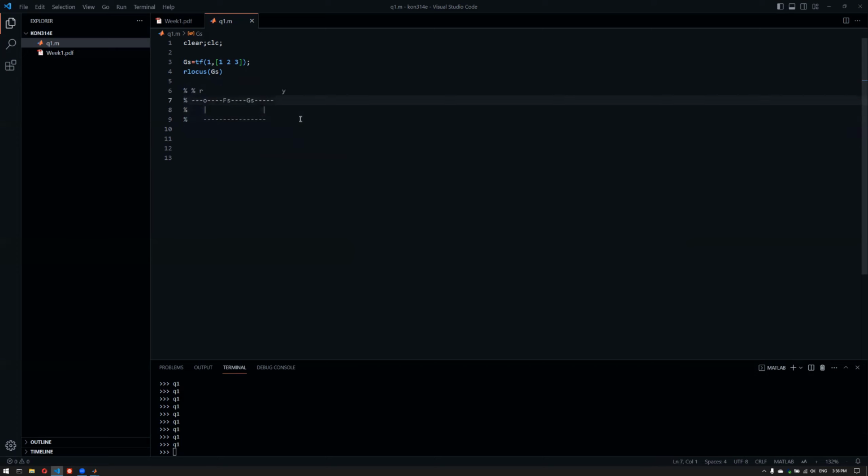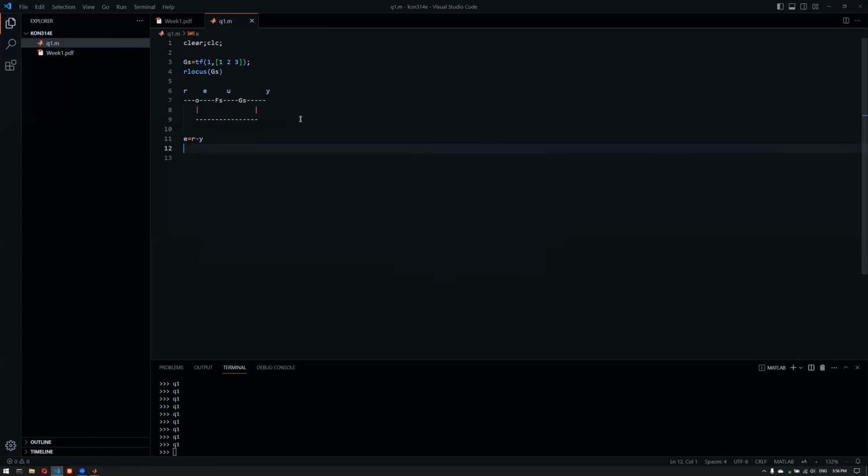Now here, what we can do is look at the connection. We have R. Since this is R minus Y, we will have an error E. And then the controller will generate a control input U, and the system response is going to be Y. Now, if you don't know the closed loop formula, you can just write down the formulas here.